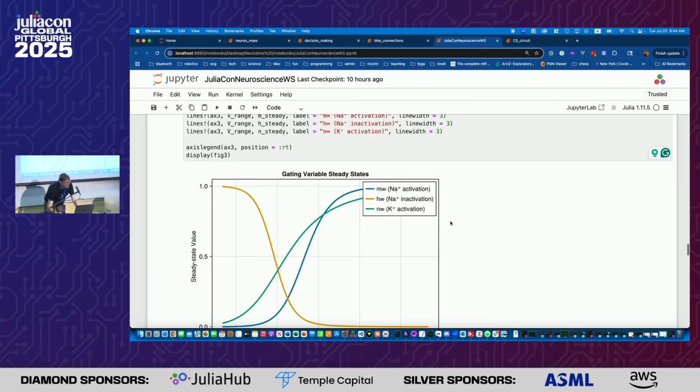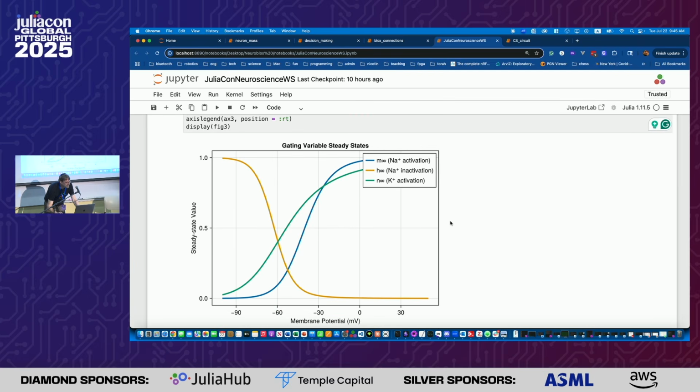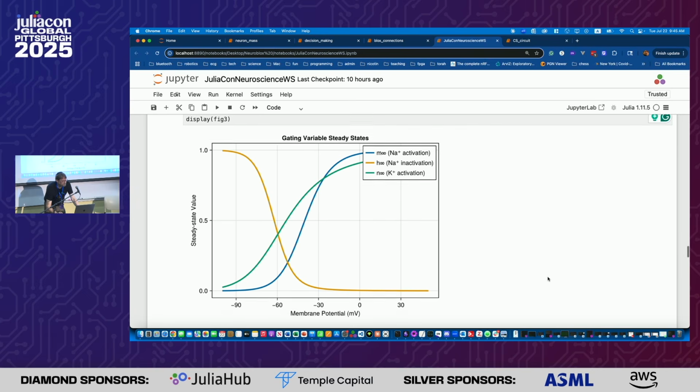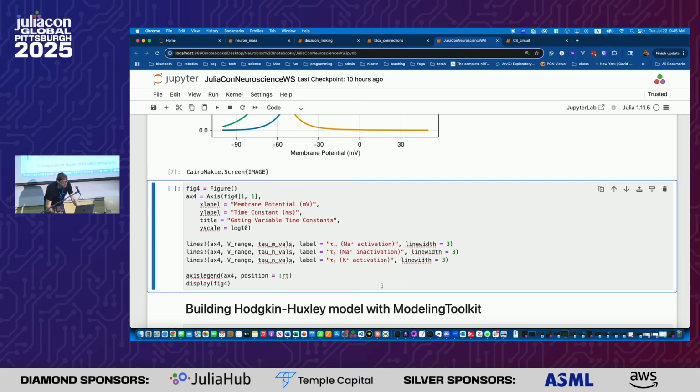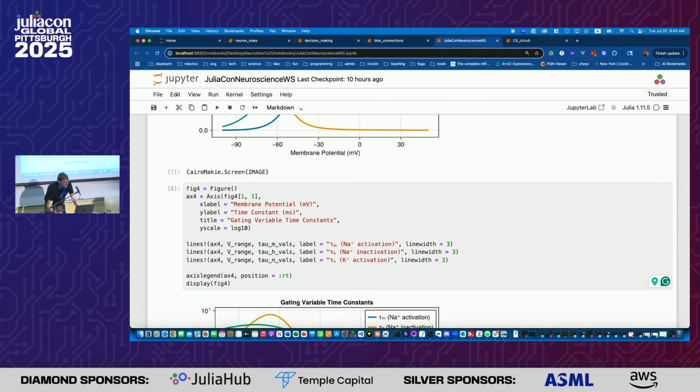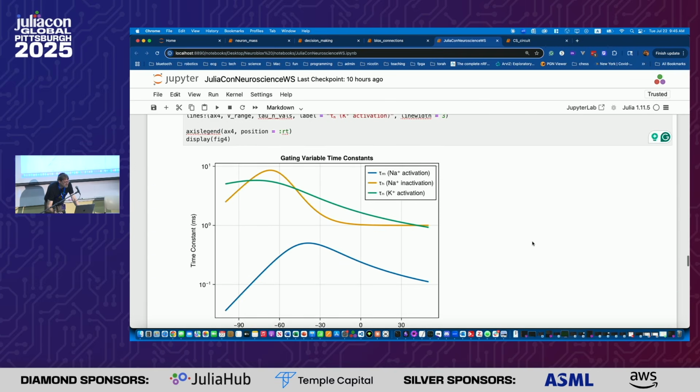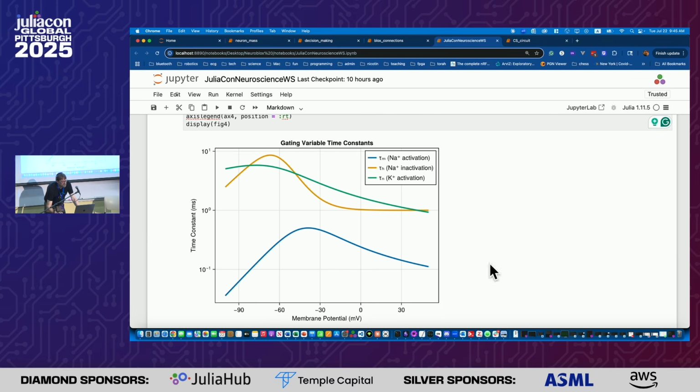So this is the voltage dependence, the gating variables. Different channels have different opening probabilities as a function of voltage. That's essentially part of the model. And then I want to show you the gating variable time constants that are also part of the model.